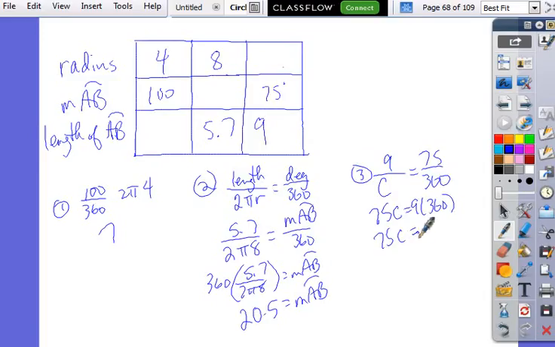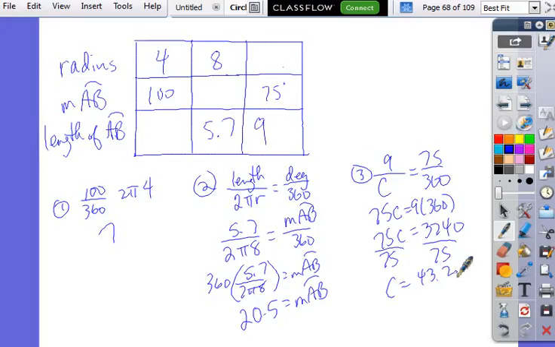Make sure that's 3240. 9 times 360. Yes. All right, and then do 3240 divided by 75. That's 43.2. Is that my answer?